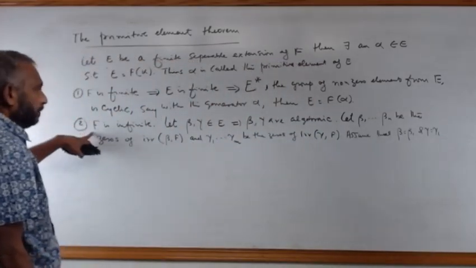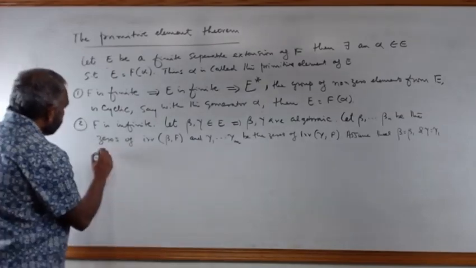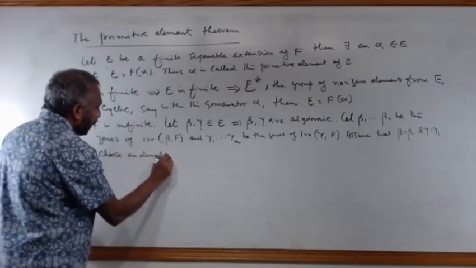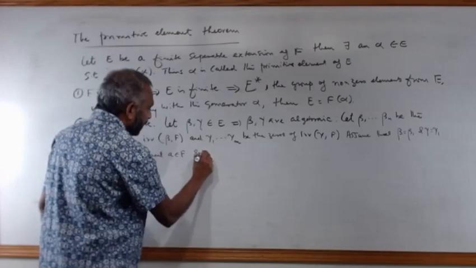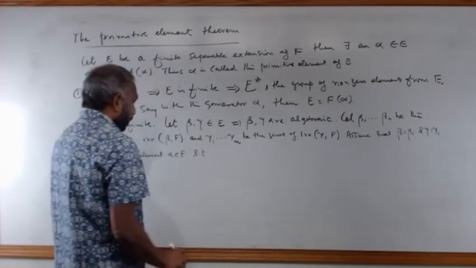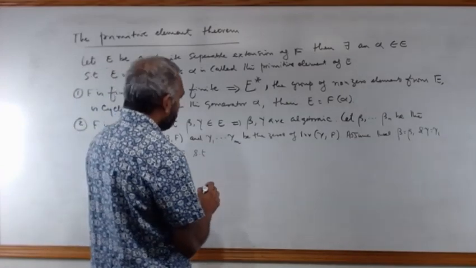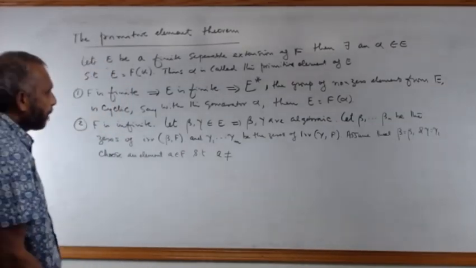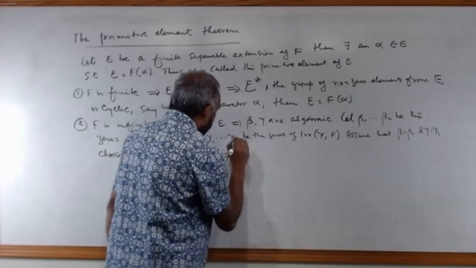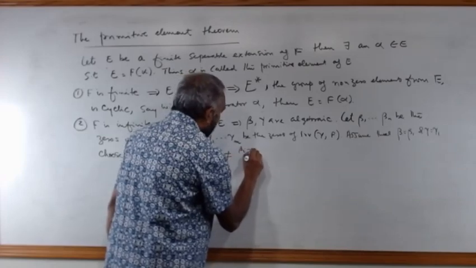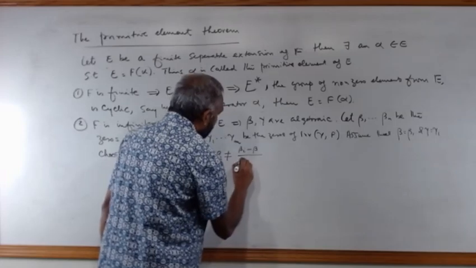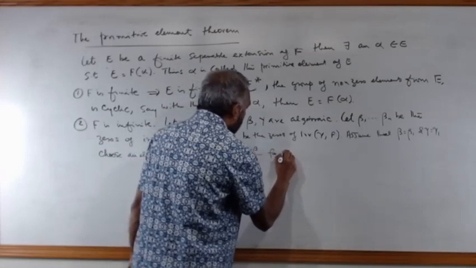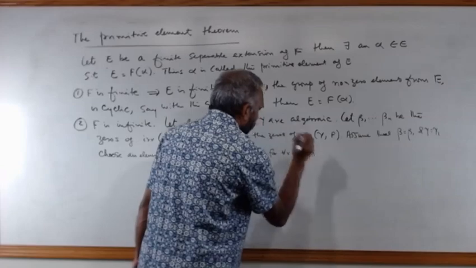Now F is infinite. So you can always choose an element A in F such that A is different from (beta i minus beta) divided by (gamma minus gamma j) for all i and for all j not equal to 1.